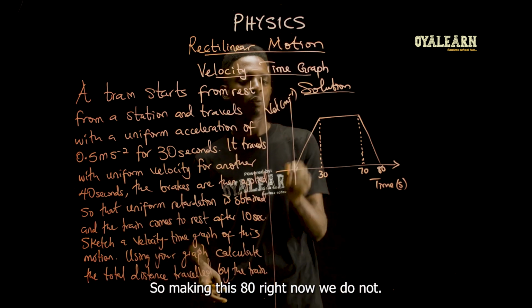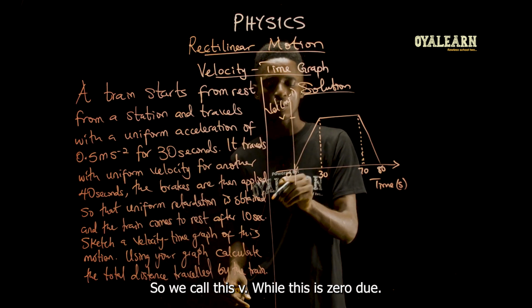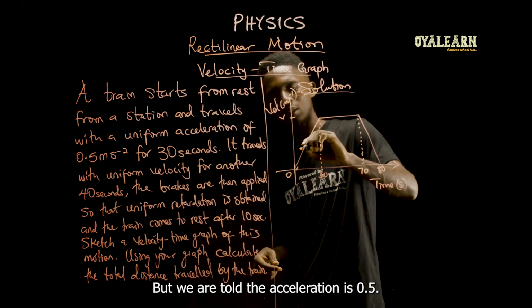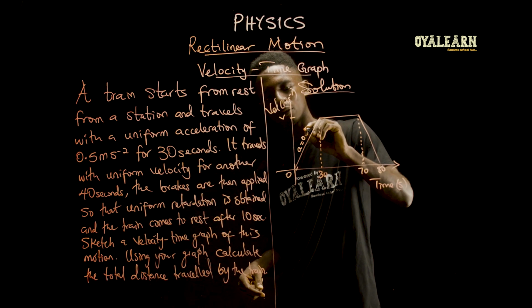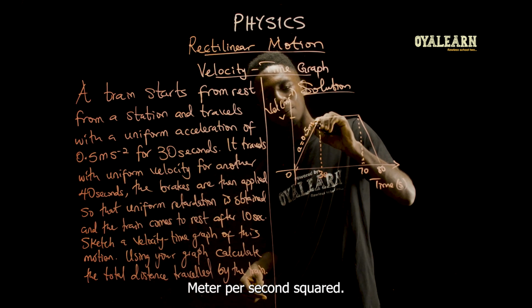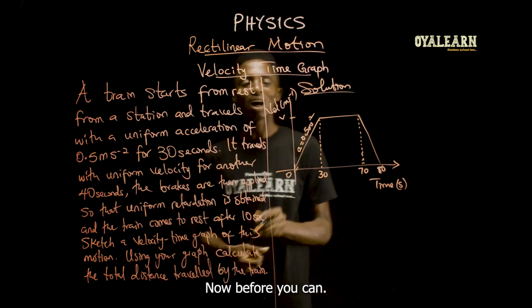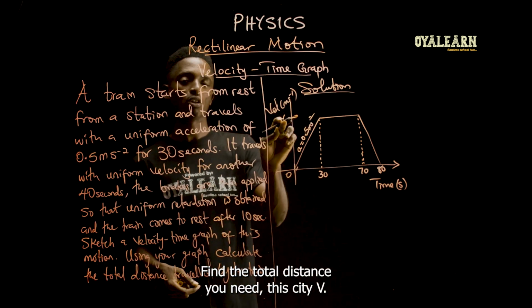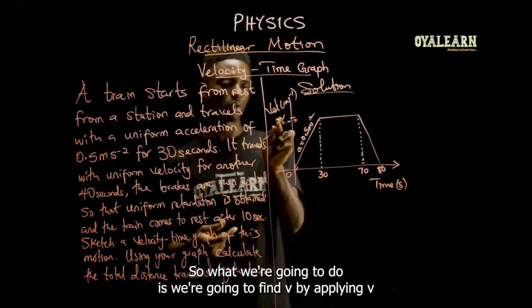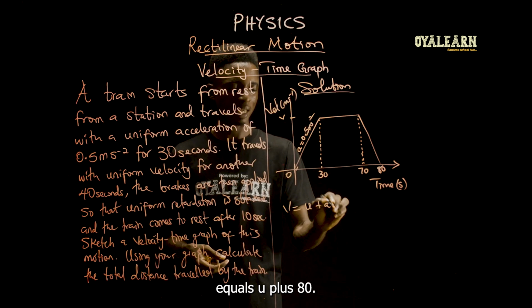Right? Now we do not know what the final velocity is, so we call this V, while this is 0, the U. But we are told that acceleration is 0.5 meter per second squared. So we can then use this to solve the problem. Now, before you can find the total distance here, you need this velocity V. So what we're going to do is we're going to find V by applying V equals U plus AT.